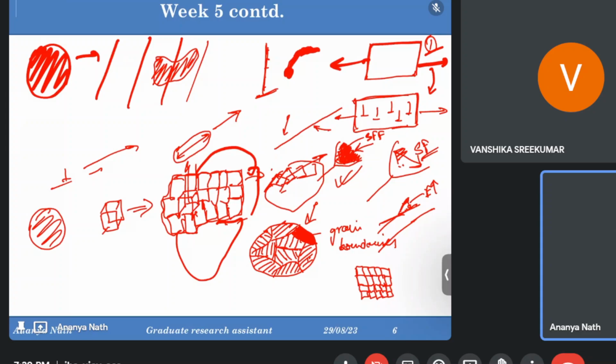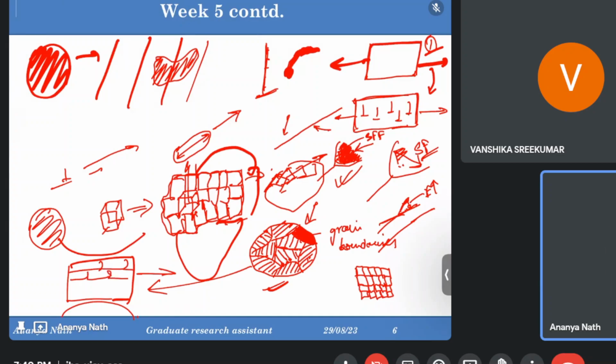But otherwise, if I am taking one material and going for heat treatment or cold working, there will be no such defined thing that the grains will be oriented in this manner only. As I have shown in this picture, the grains can be oriented in different directions, but when we go for cold working, then all the grains will be arranged in one orientation.